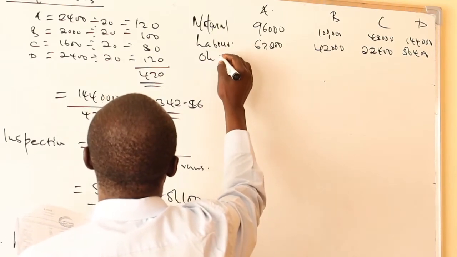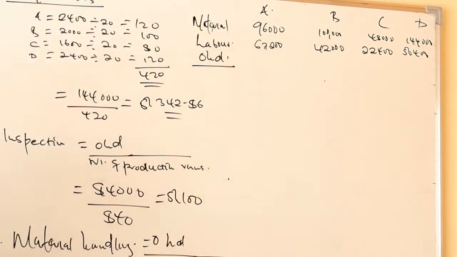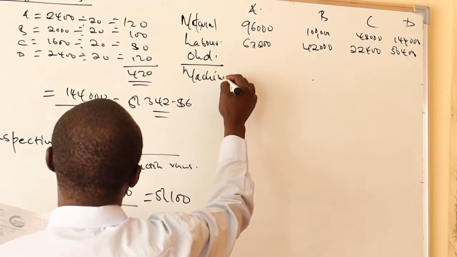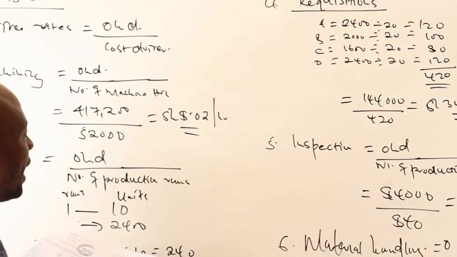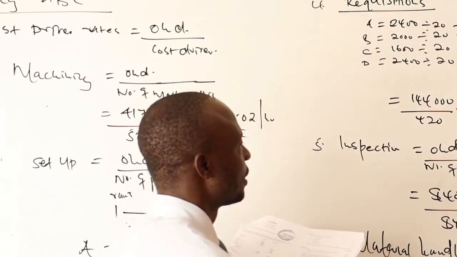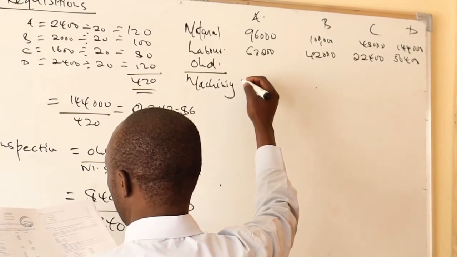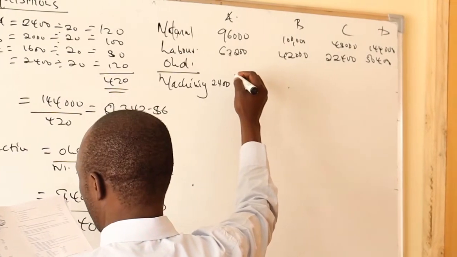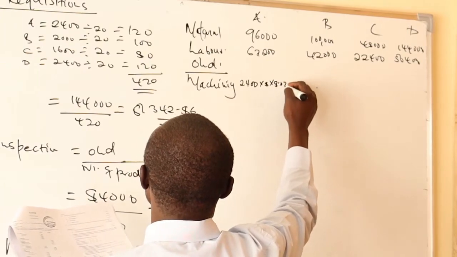Now we come to overheads. Here we said we use what we call activity-based costing, so it will be based on the activity. The first activity here is machining. Machining was 8.02 per machine hour. So we determine the total machine hours for product A. It will be 2,400 times 8 times 8.02.